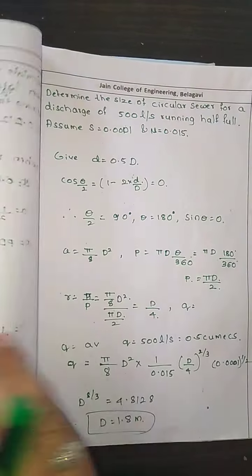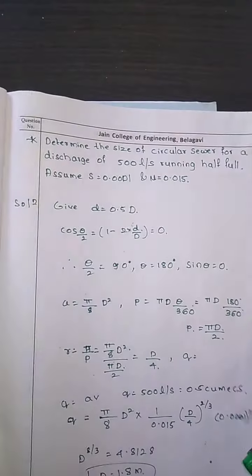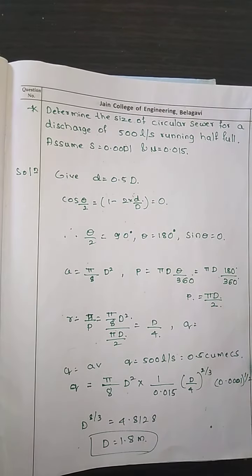Now again we are going to solve one more problem: determine the size of a circular sewer for a discharge of 500 liter per second running under half full condition.